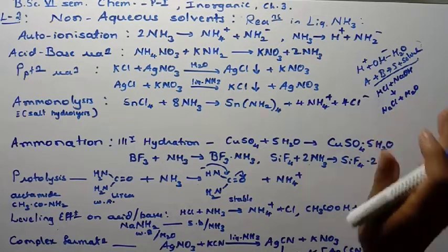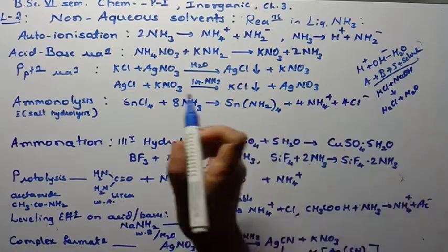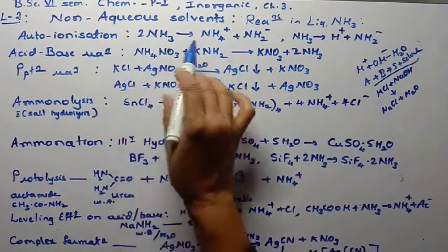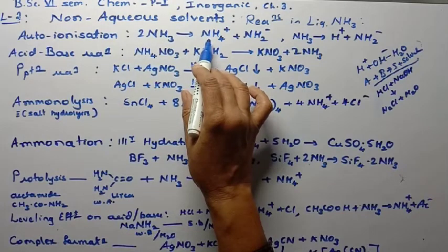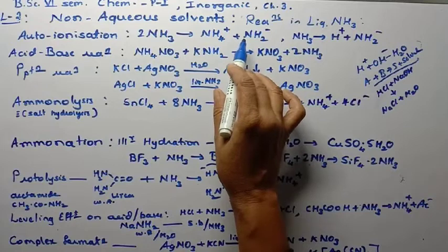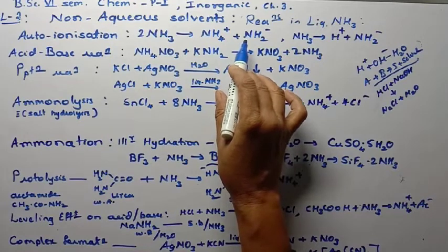In a similar way, in ammonia, the compounds which produce NH4 plus ions are acidic in nature, and the compounds which produce NH2 minus ions are basic in nature.